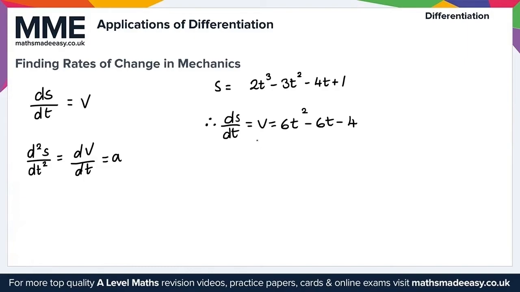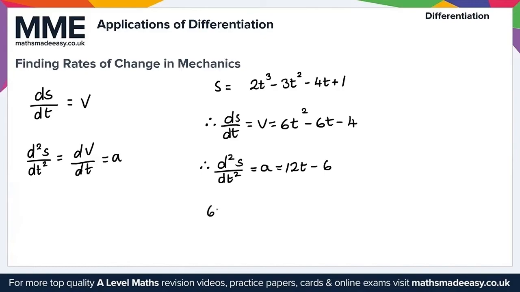And in that case, if we want an equation for the acceleration, then we would just differentiate one more time with respect to t. So the second derivative is equal to a, and again, differentiating term by term, that would give us 12t minus 6. Okay, so therefore, we can find the values of t such that v equals 0. All we do here is we set v equal to 0.